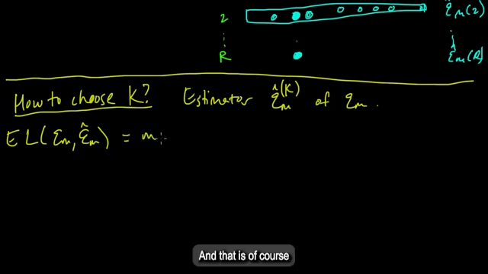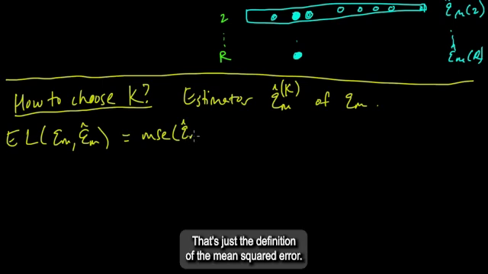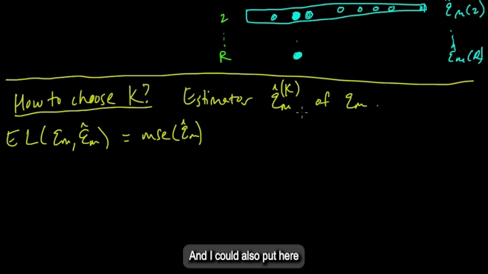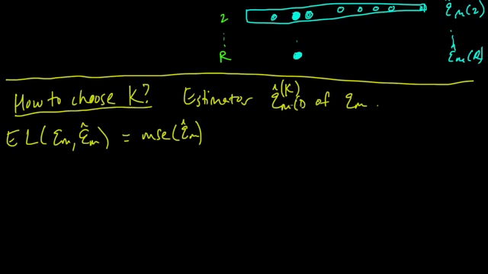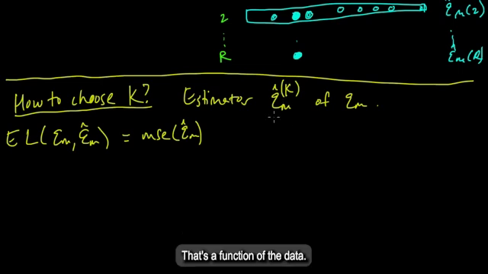And that is, of course, the mean squared error. That's just the definition of the mean squared error. This also depends on the data, so remember that it's a random variable that's a function of the data, and the randomness comes from the data, since the data is random.